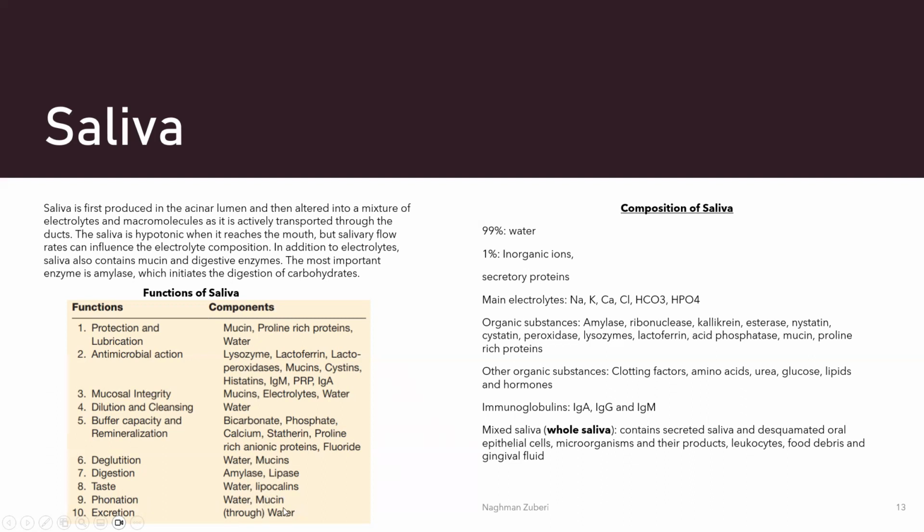Phonation by water and mucin, excretion through the water. Composition: 99% water, 1% inorganic ions and secretory proteins. Main electrolytes are sodium, potassium, calcium, chloride, bicarbonate, and phosphates.